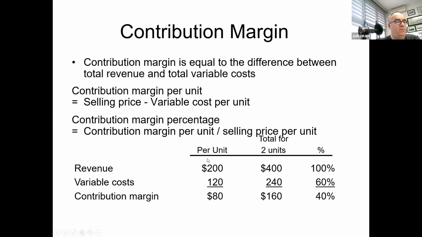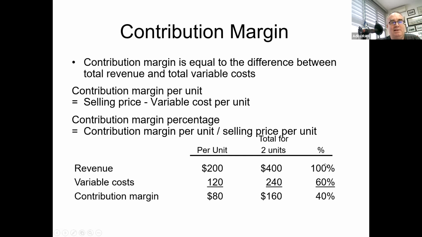If each unit sells for $200, variable cost is $120, so we have a contribution margin per unit of $80.